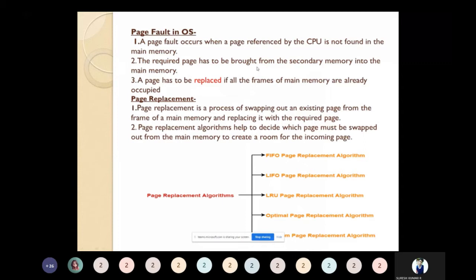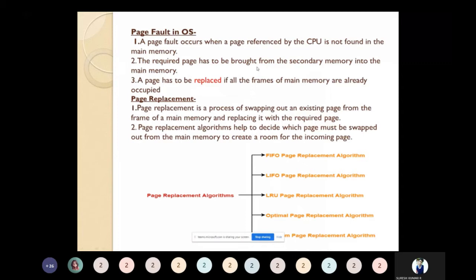Normally, paging is a memory allocation technique. In paging, the process is divided into several pages, and these pages are stored in different frames of the main memory.